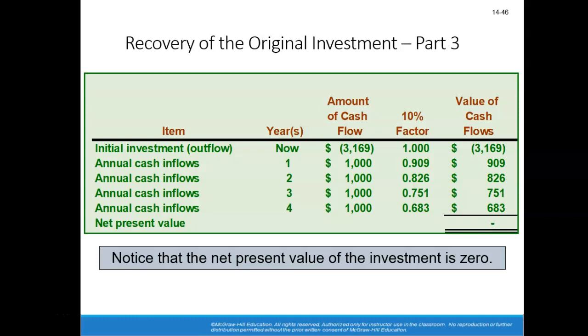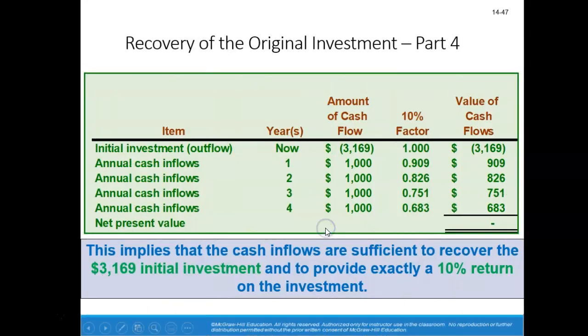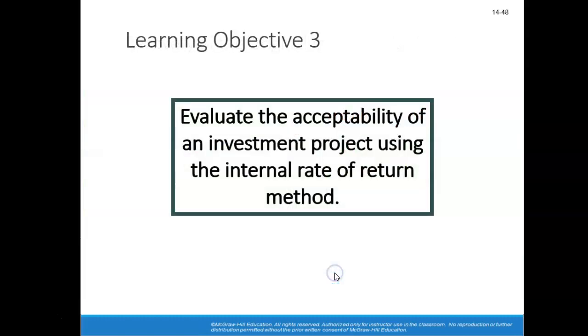It means that this project will give us the exact rate of return we requested. This project will provide us with exactly a 10% rate of return. Therefore, we would accept this project because it does meet the minimum requirement. We would buy the attachment to the x-ray machine because it does meet our required rate of return.